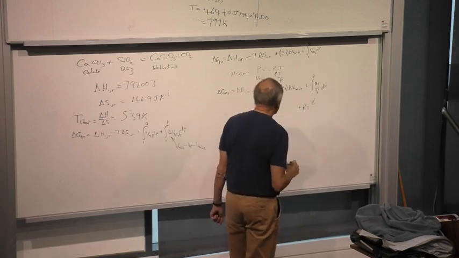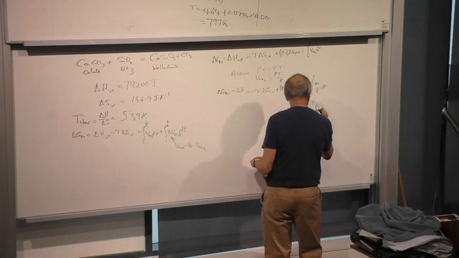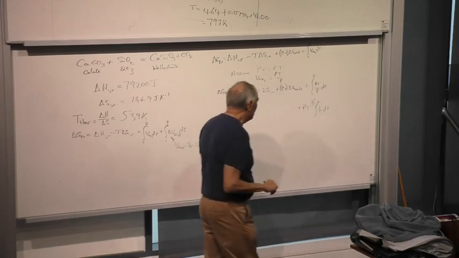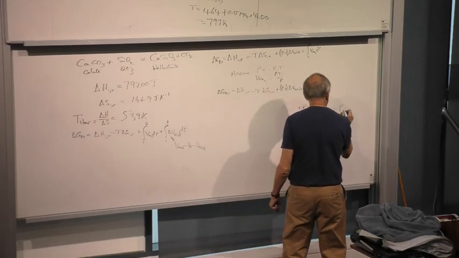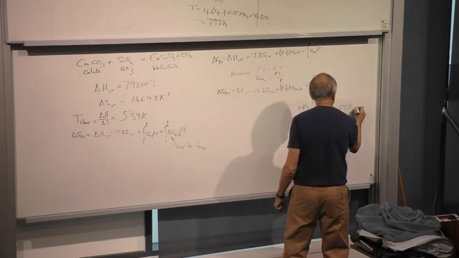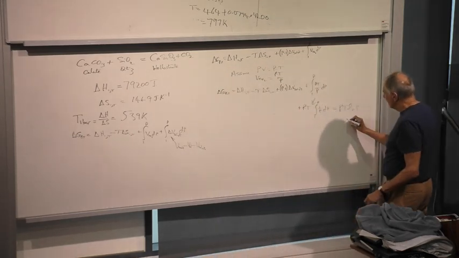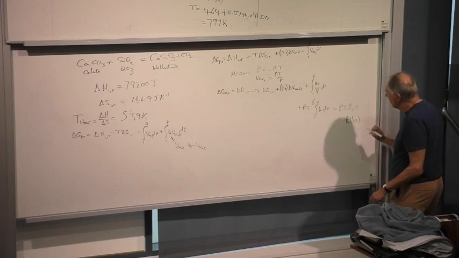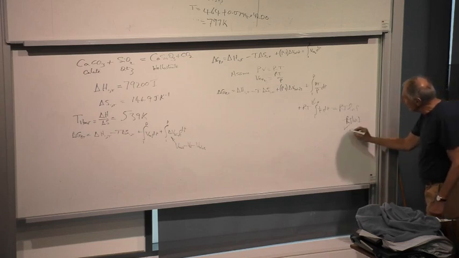We're doing this at constant temperature, T. And so the integral of 1 over P dP between 1 and P is ln of P. RT ln of P minus RT ln of 1 for the lower limit of the integral, and of course ln of 1 is 0, so that's 0.